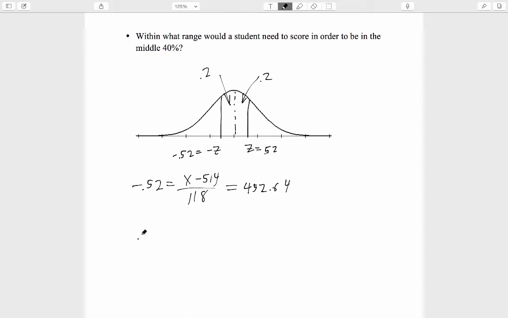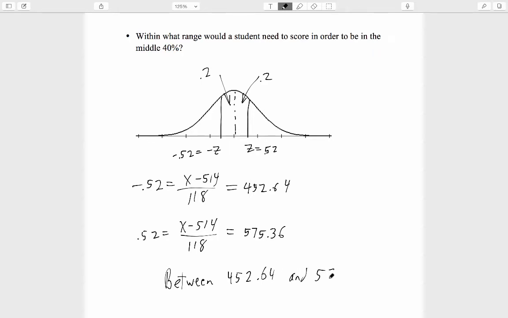Then when we do the same for positive 0.52, again solving for the corresponding actual test score, we obtain 575.36. Thus the range of scores is between 452.64 and 575.36. In practice, that means that 453 is within this range, but 452 is not. 575 is within this range, but 576 is not.